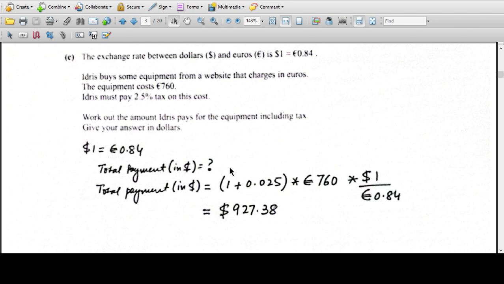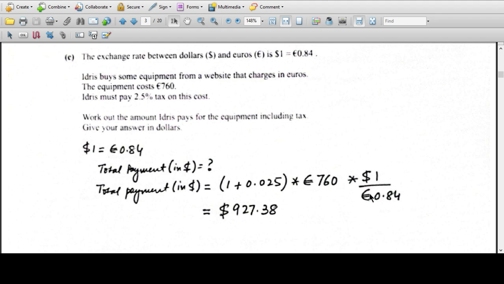Now the amount is given in euros, so we will convert it with this unity relation. $1 is equivalent to euros. So if we place $1 in the numerator and euros in the denominator, this is basically a scaling factor.